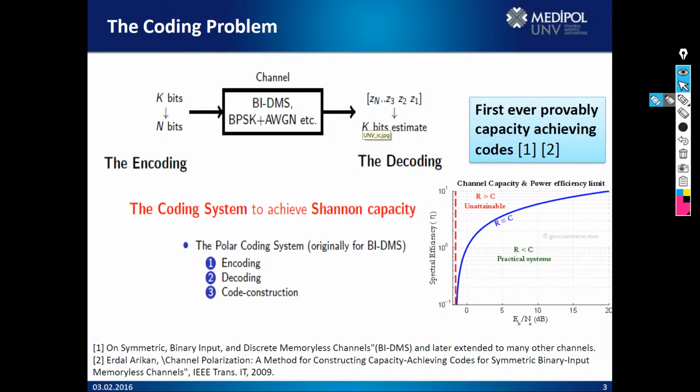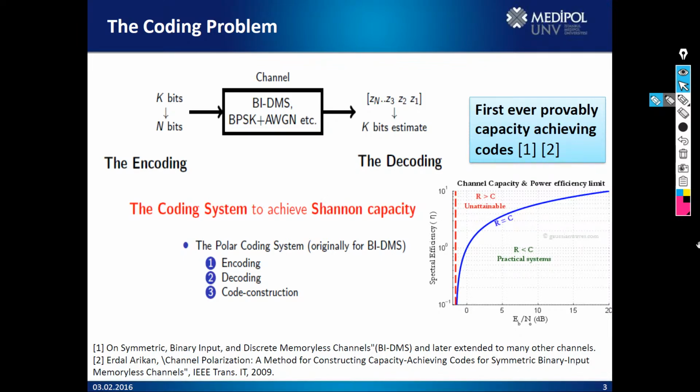So this was the main motivation and main goal of coding. But what's the problem? In coding, we always aim and try our best to achieve the Shannon capacity. We try to come up with codes that can achieve Shannon capacity. What's Shannon capacity?